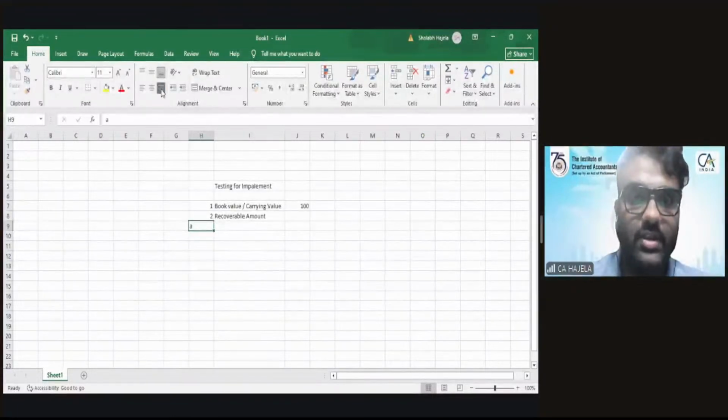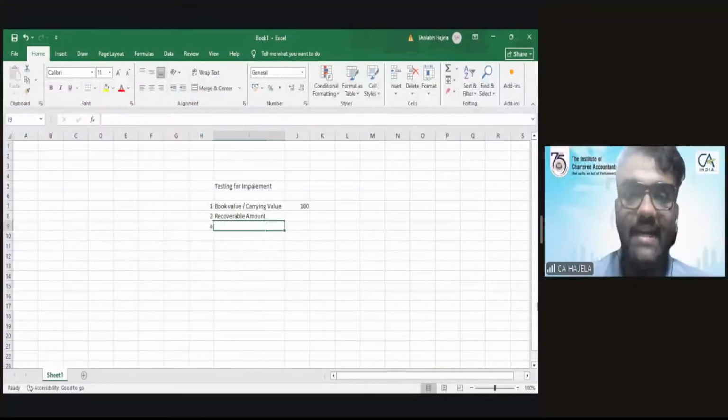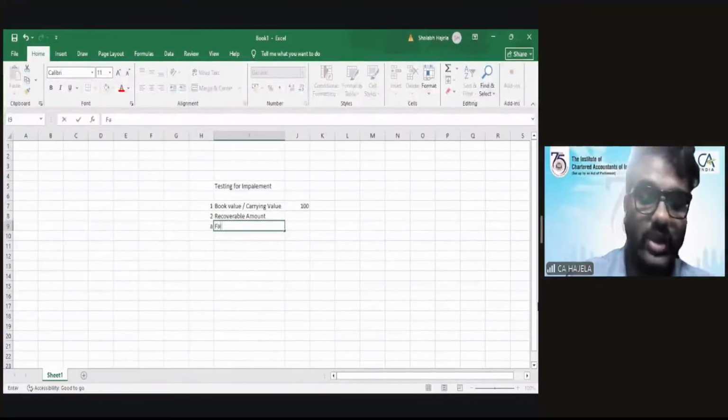Now what is recoverable amount? My fair value less cost to sell, which means if I sell this in the market today, what will be the net proceeds that I will get?